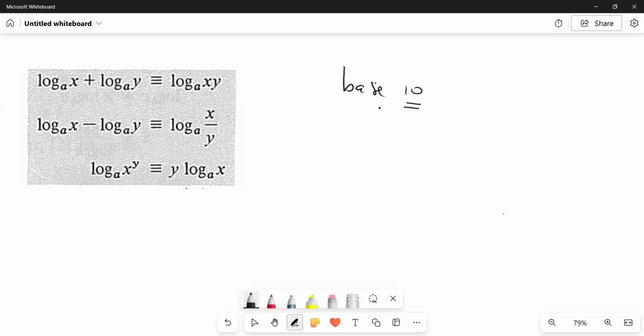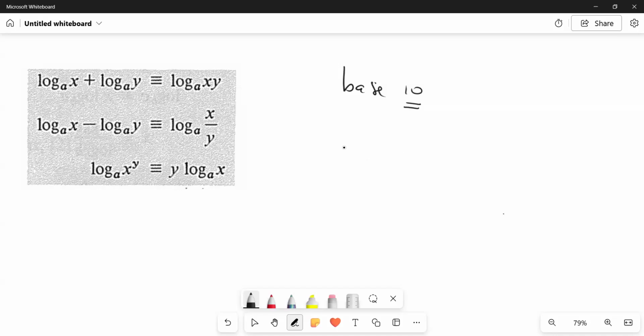All positive numbers were written in terms of a base of 10. And with the advent of calculators, they actually wrote code and made calculators that can calculate the logarithm of any positive number with a base of 10.